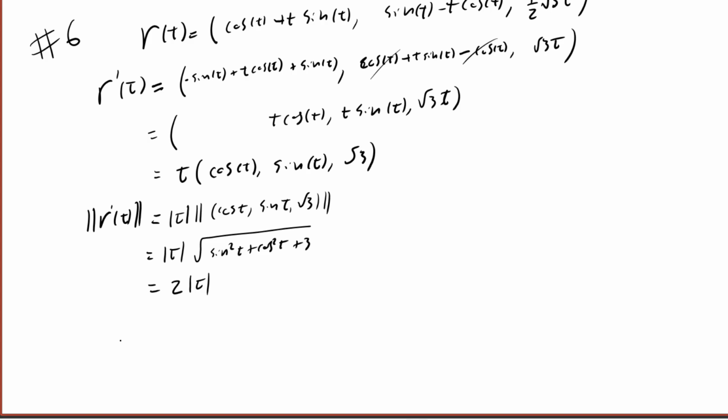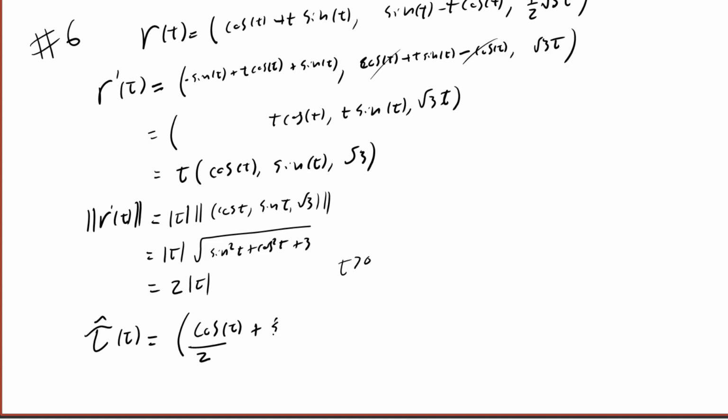So finally we get that our unit tangent vector at t is going to be, let's just assume that t is bigger than 0, so we don't have to worry about absolute value.